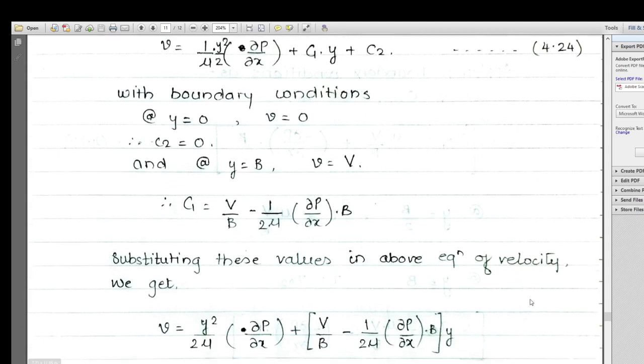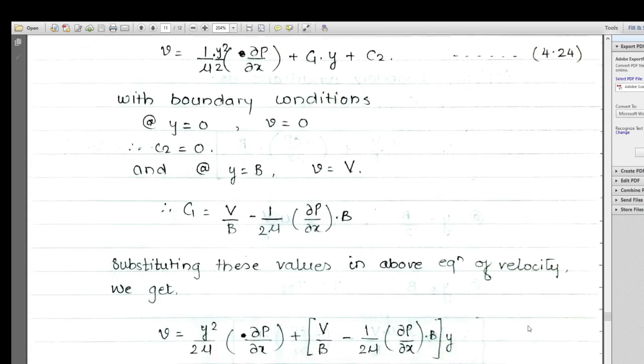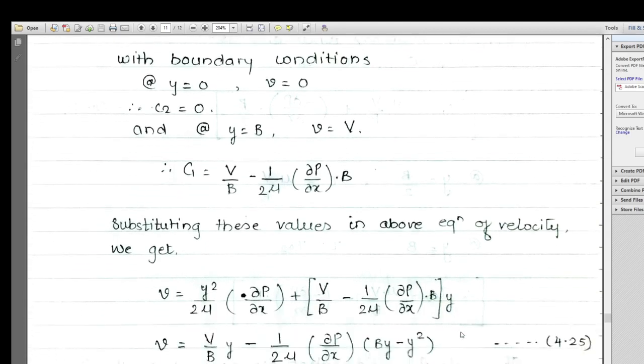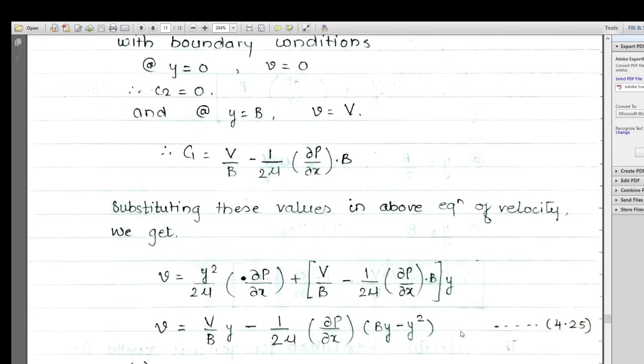Therefore, the equation for the velocity will be this. Now the equation is rearranged: V/b times y minus 1/(2μ) ∂p/∂x.